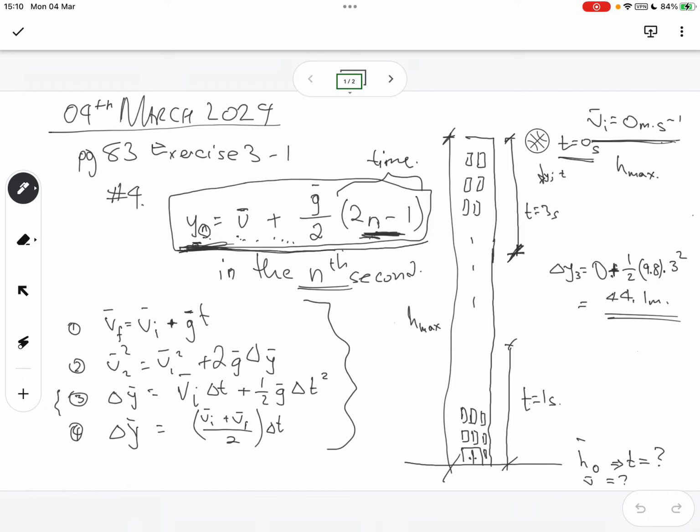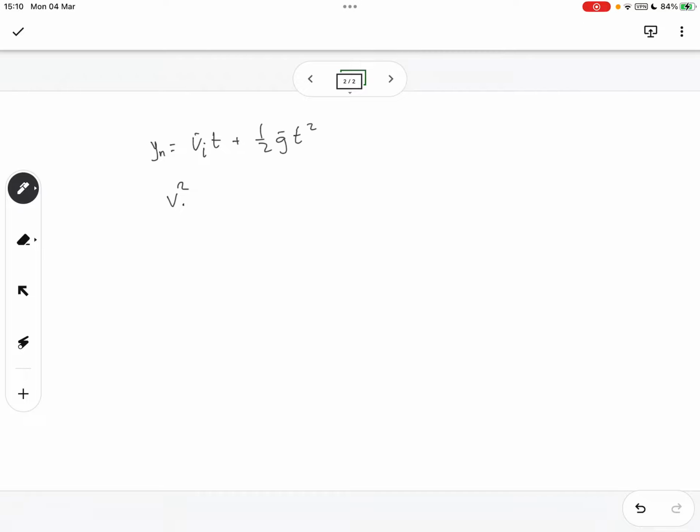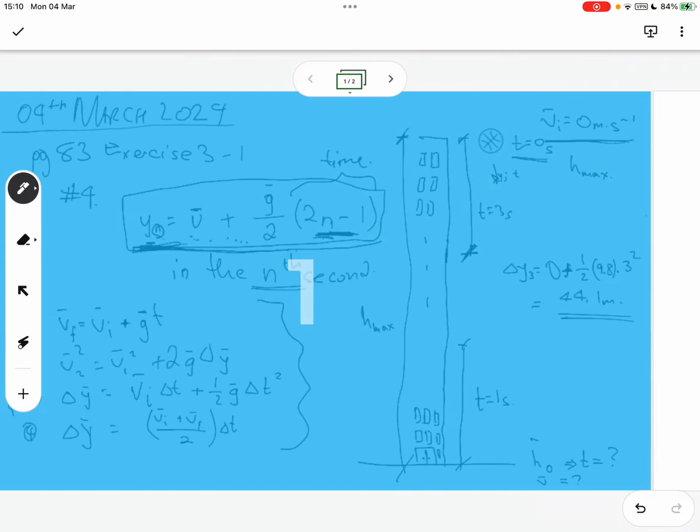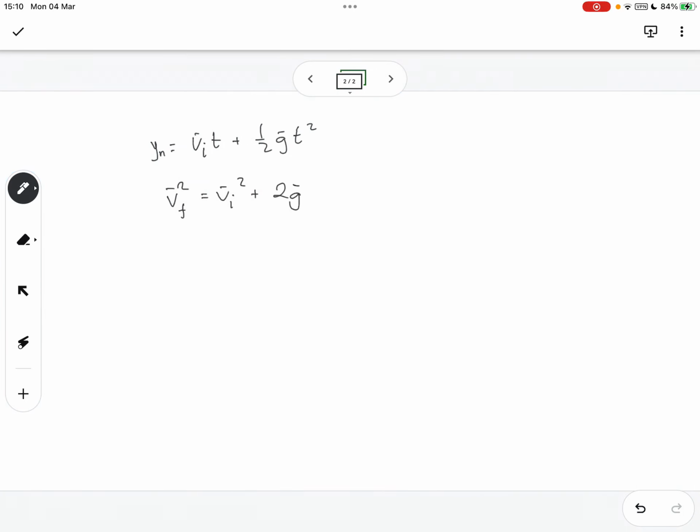That's standard. If we're always increasing in 1 second, let me see something. So we've got v squared equals 2g delta y. We don't know what that is, but we know that that's 0.